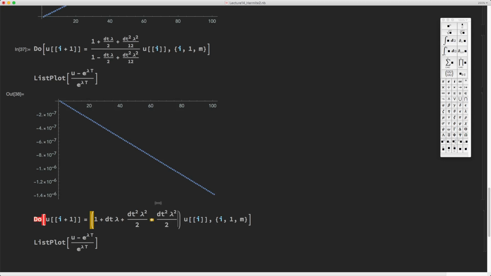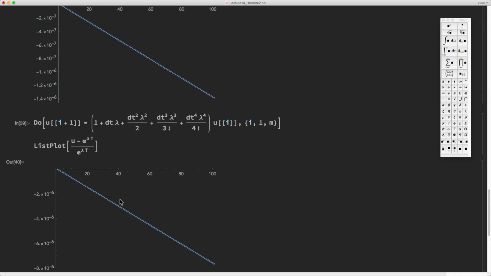You can show that the fourth order Runge-Kutta method is equivalent to a fourth order Taylor expansion of the exponential e to the lambda delta t. So that would be 3 factorial lambda cubed, and that is the fourth order term with 4 factorial.